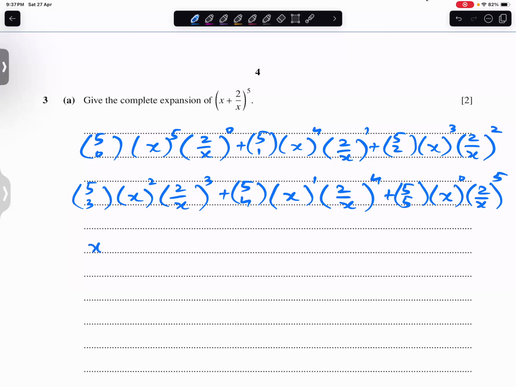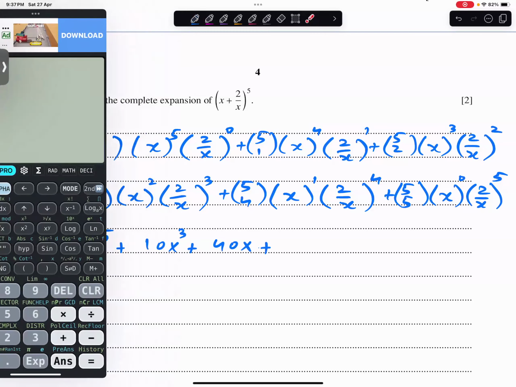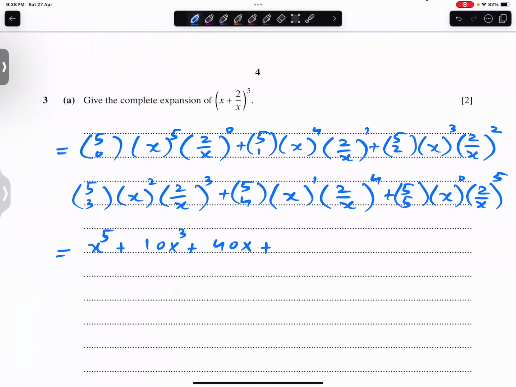And you can write the direct answer, which is x^5 plus 5C1 is 5, and then times 2 will be 10, 10x cubed, then 5C2 is 10, and 2 square is 4, so 40x, plus 5C3, which is again 10, 2 raised to power 3, which is 8, so 80 over x, plus 5C4 is 5, and 2 raised to power 4 is 16, which is again 80.